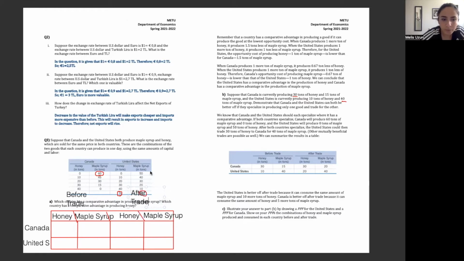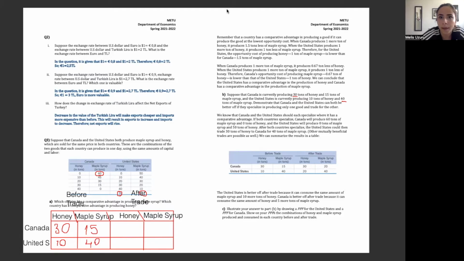So let's write the same thing. The question told us that Canada is currently producing 30 tons of honey and 15 tons of maple syrup. The United States is producing 10 tons of honey and 40 tons of maple syrup.